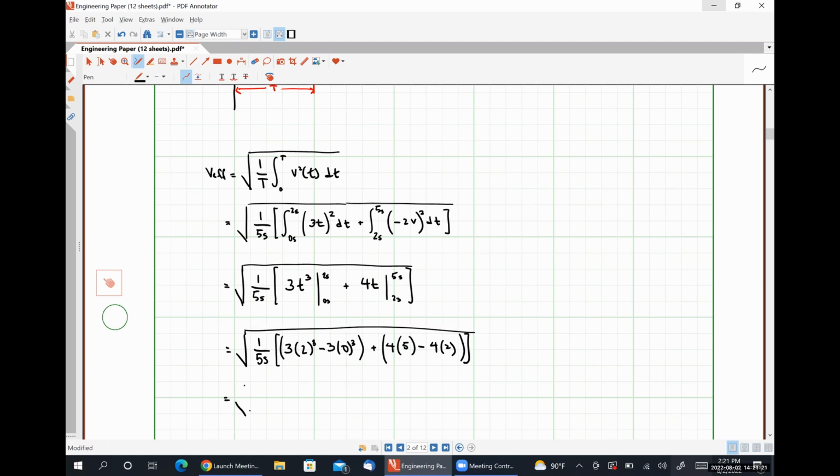And so this is going to look like 1 over 5 seconds times, let's see, 8 volts squared minus 0 volts squared plus 20 minus 8 is 12.